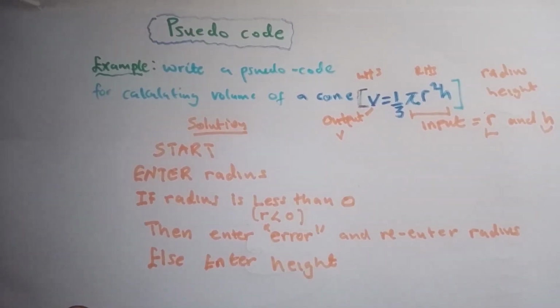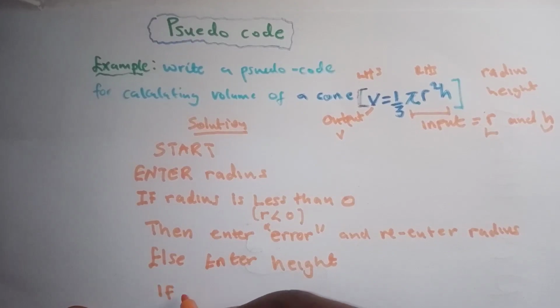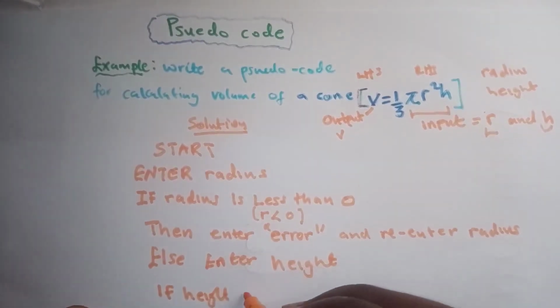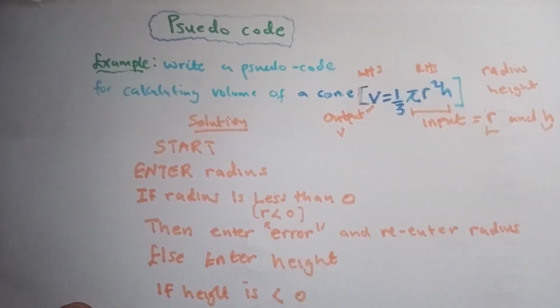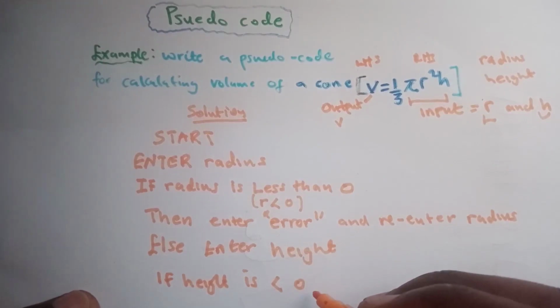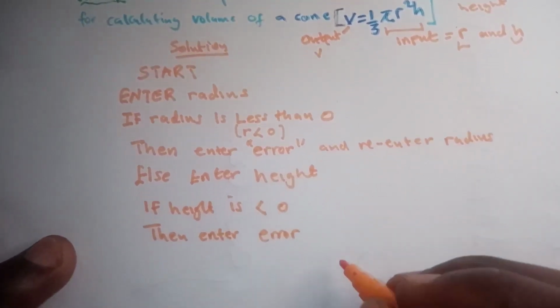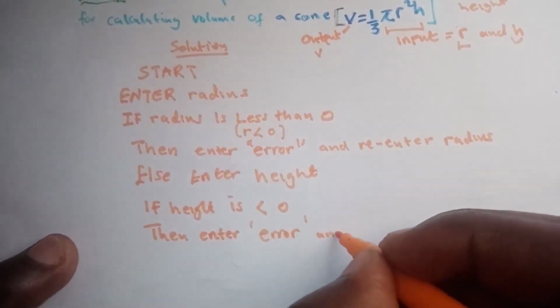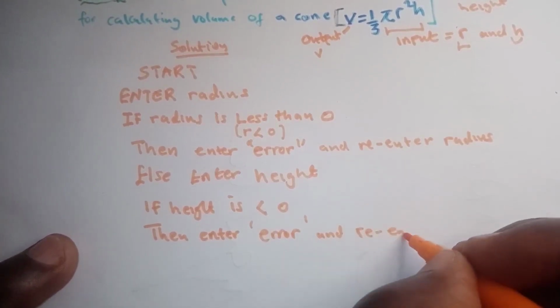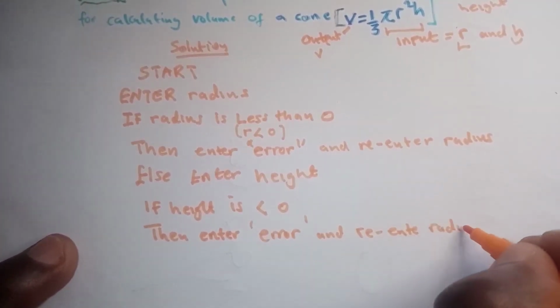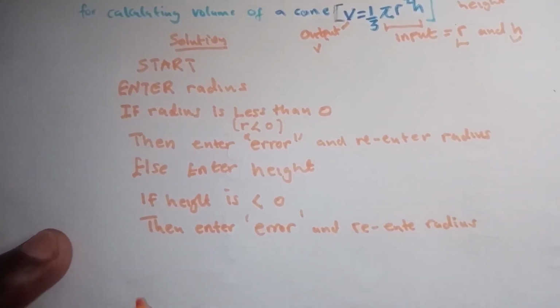Then you're going to say again, if height is less than 0, then enter error and re-enter height.